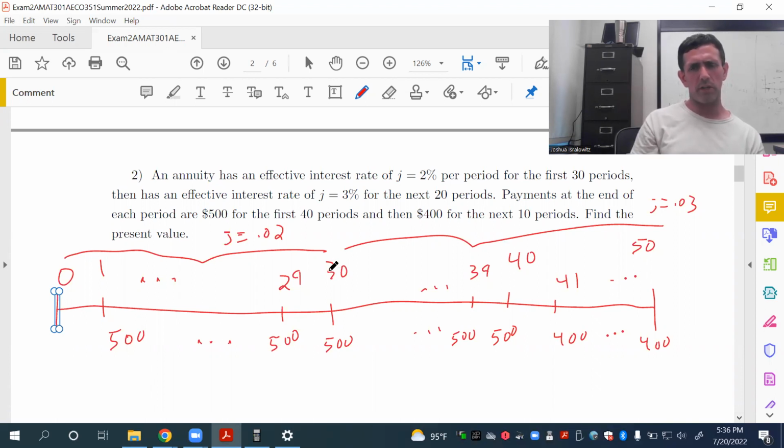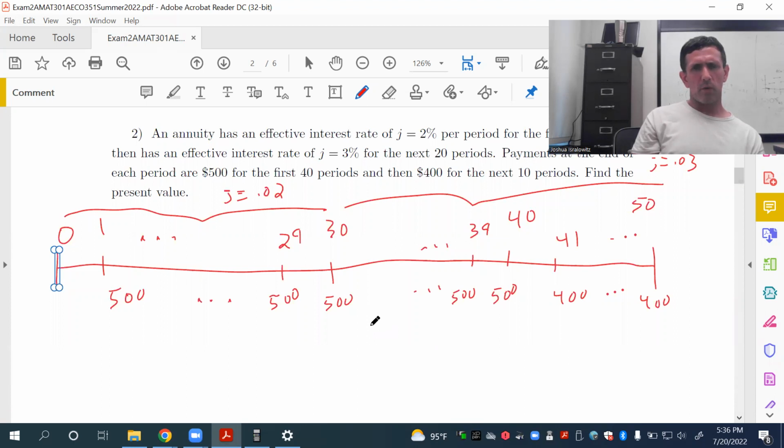We have an interest rate change at t equals 30, and a payment change at t equals 40, since that's the beginning of the payment period where the 400 payments at the end of each period start, from 40 to 41. So I have to break this up into 3 annuities, in between each interest rate or payment amount change. If I remember, that's how we did this problem.